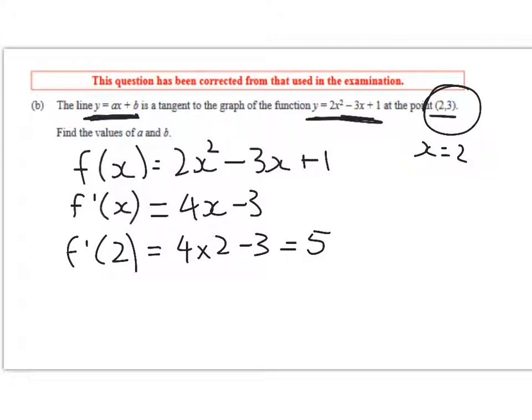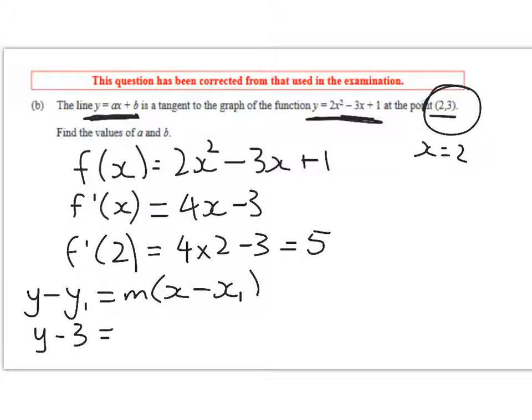Now we're going to use the point gradient equation to find the equation of the tangent line. So we know m and we know our point. We substitute in, we get y minus 3 equals 5 times x minus 2. So I'm using the point here for my x1 and y1, and I'm using my gradient of 5.